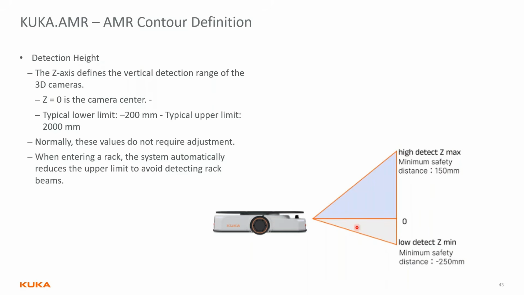By default, it's looking 200 millimeters down to the floor, and it's looking 2,000 millimeters up. You can change these, but in most cases you don't need to. When you're going into a rack or a bracket, they're by default limited, so we can go in. So you don't have to modify them unless you need to.